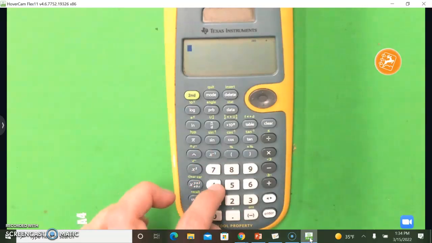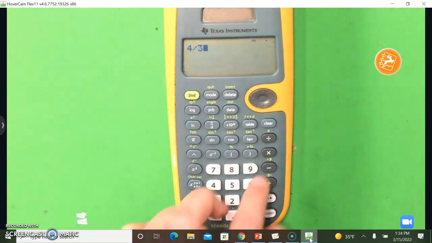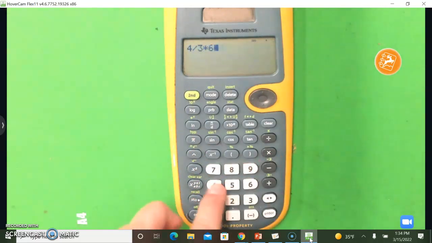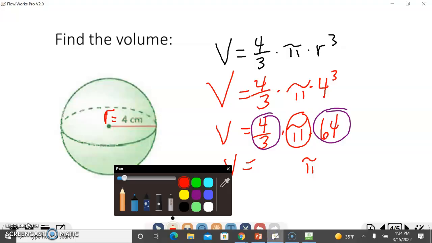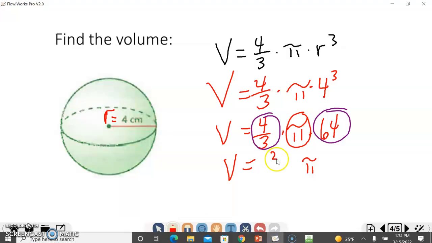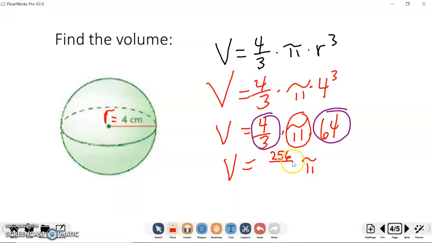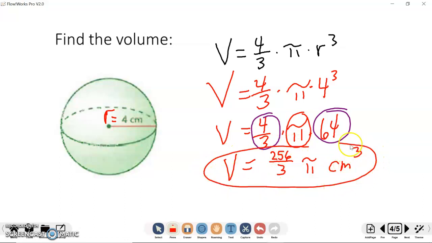So on our calculator, 4/3 times 64 is going to be 256 thirds. So we would have 256 thirds times pi. And then we're measuring in centimeters, so centimeters to the third power. That would be our answer in terms of pi.